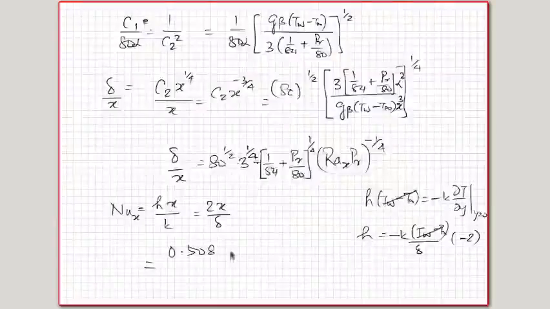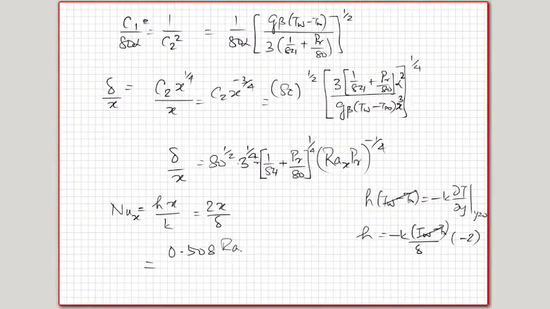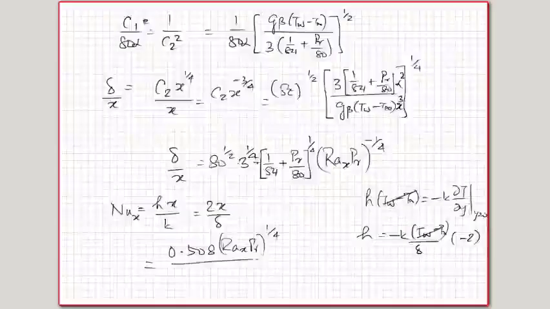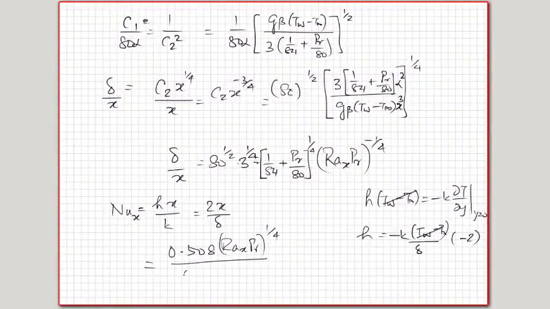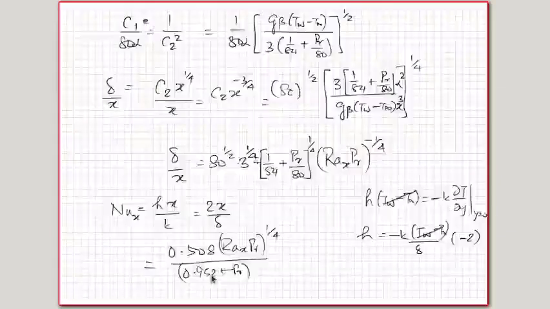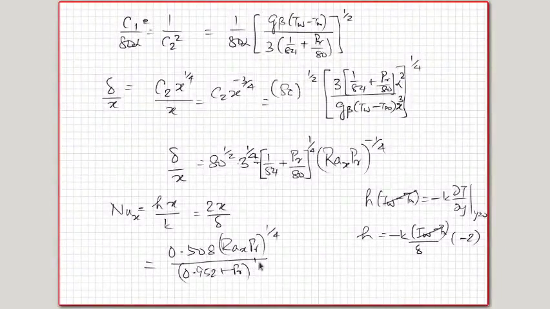0.508 into Ra_x Pr to the power of 1 by 4, divided by (0.952 plus Prandtl number) whole to the power of 1 by 4. Okay, so this is the expression.